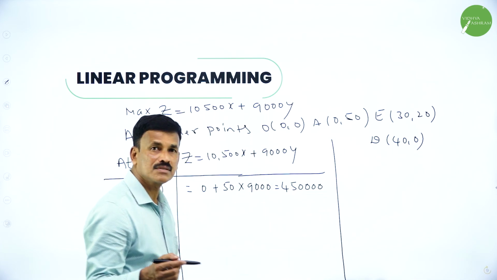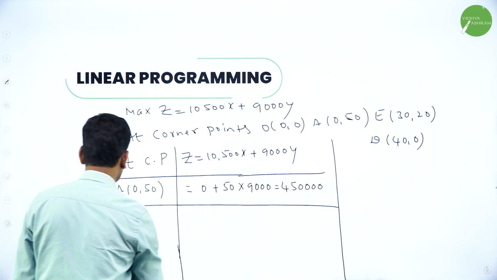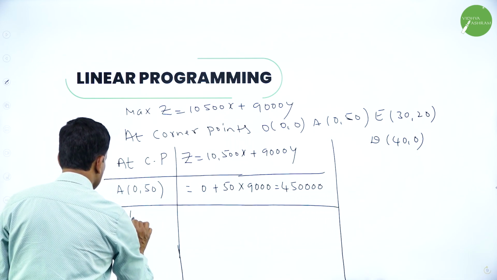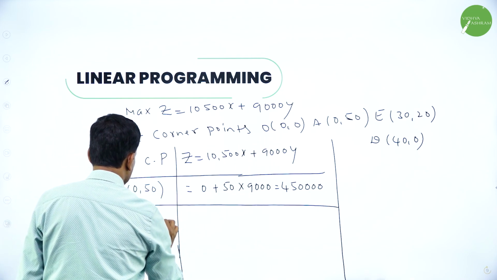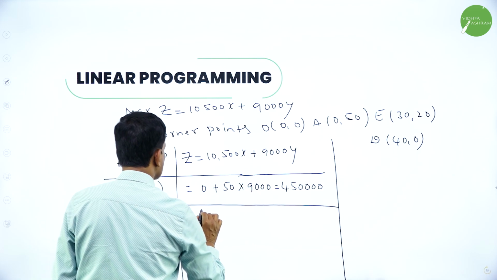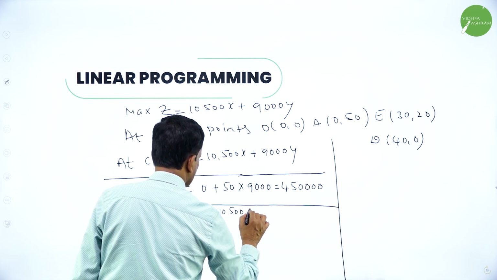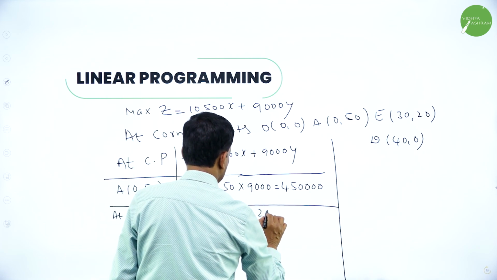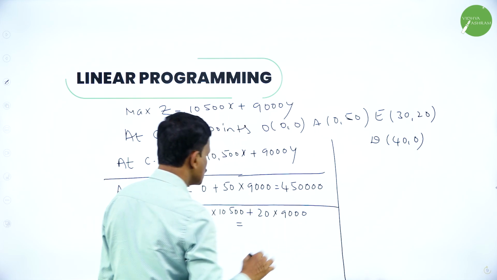4,50,000. Next, at E. What is E? (30, 20). So this is 30 into 10,500 plus 20 into 9,000. What is this equal to?